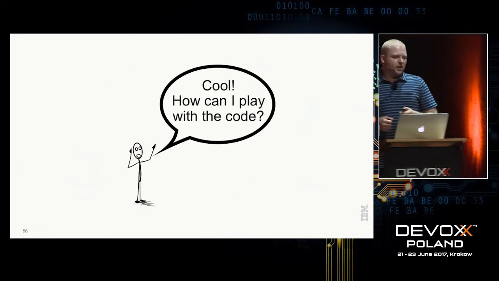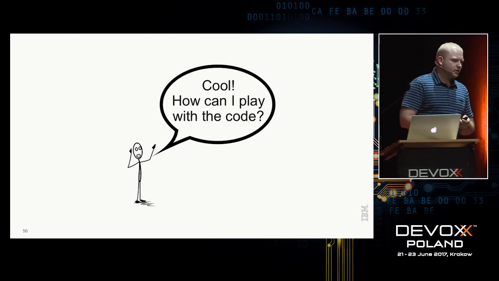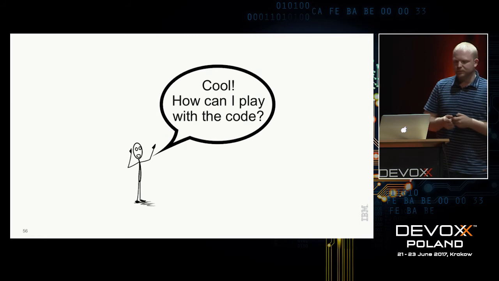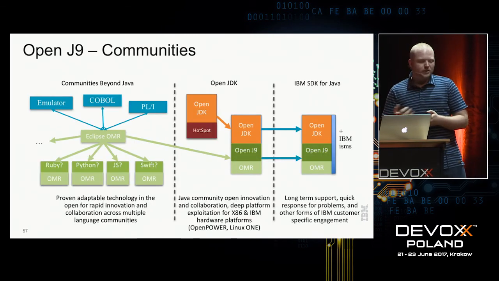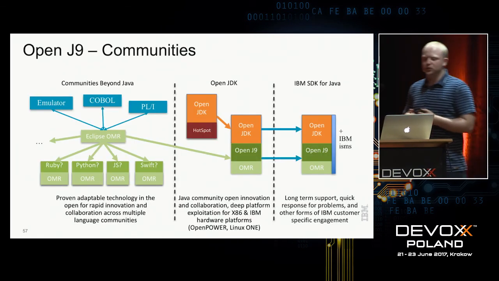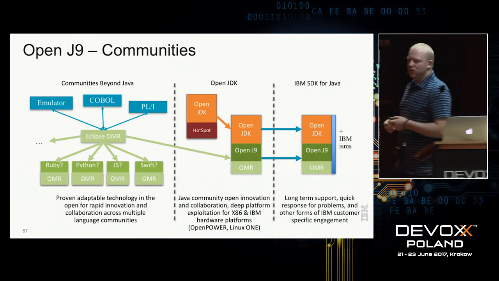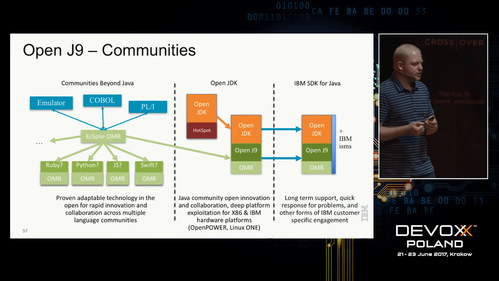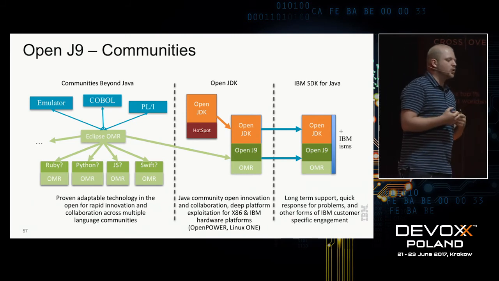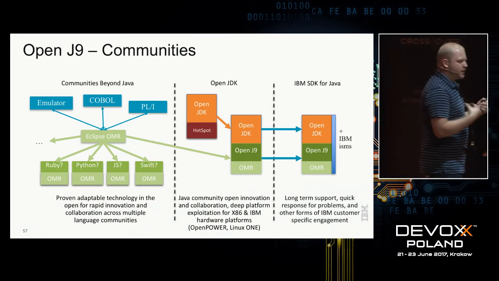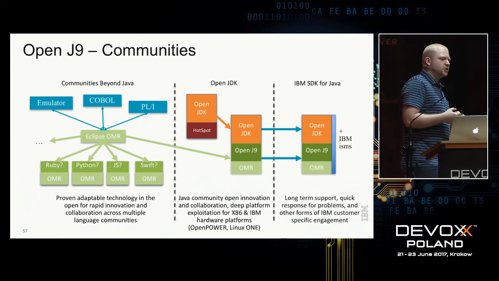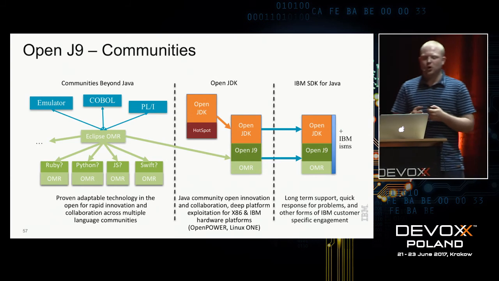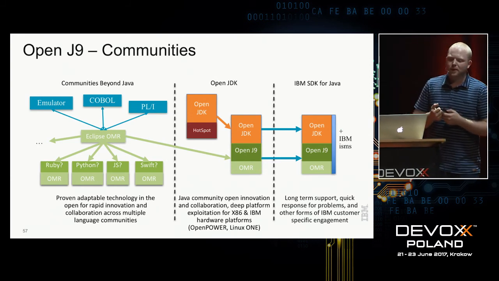I started off by talking about going open source, and that's the important thing here. So how can you play with this code? If you're interested in getting access to the code, a lot of it is already out there. When we started our move towards open source, we started by taking the core of the JVM, the language-independent parts, and we open sourced that in the Eclipse OMR project.